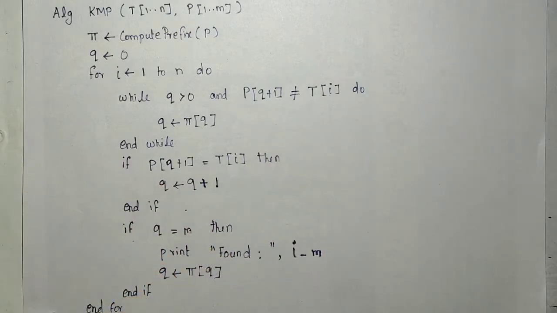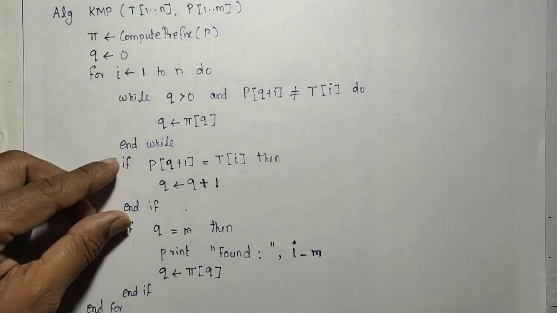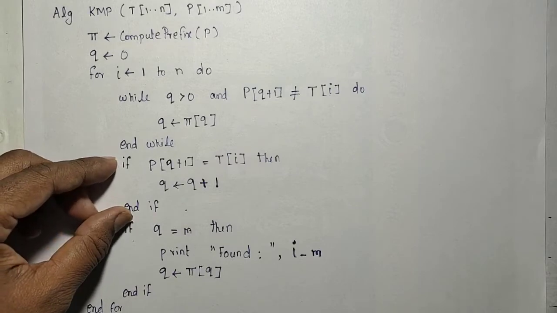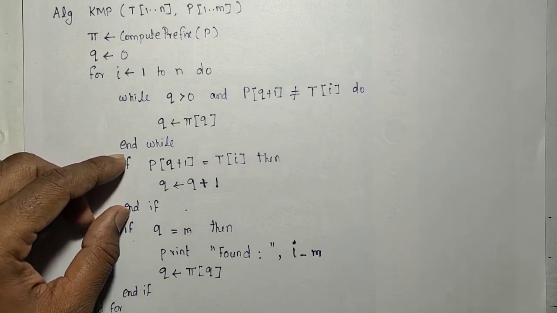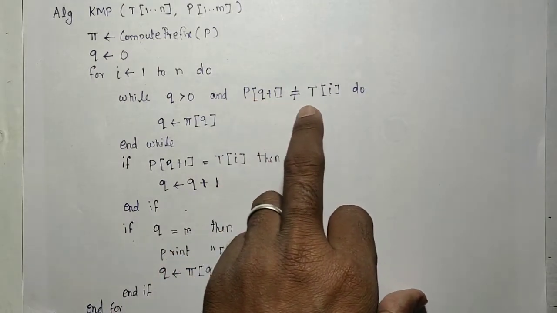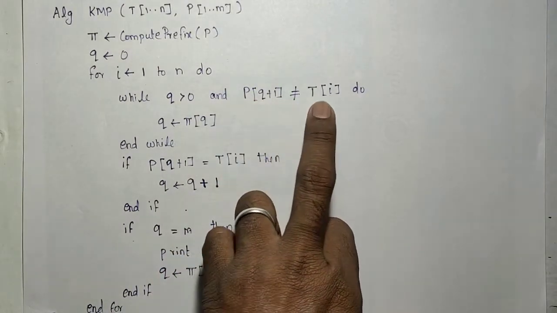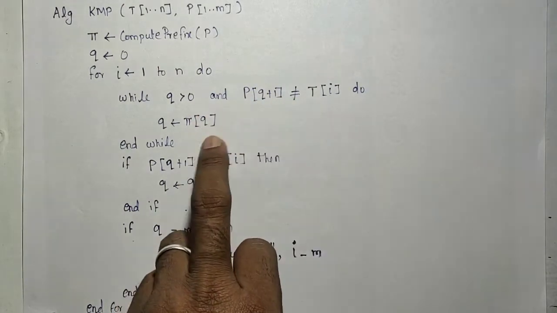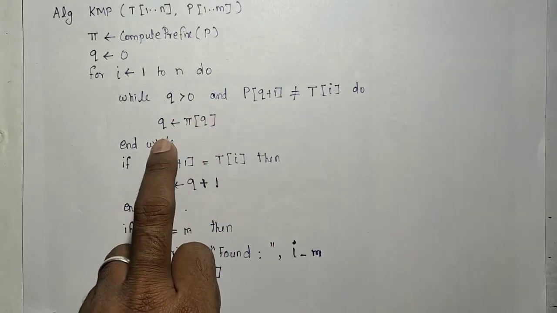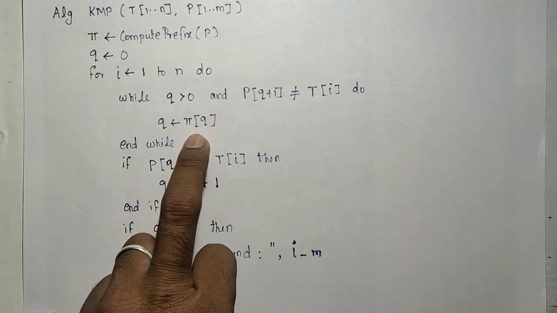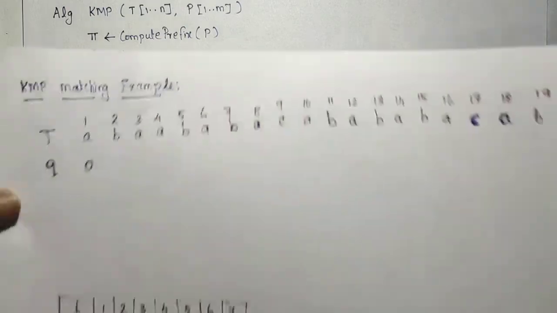One more character matches, so we modify q here. Otherwise, if the q plus first character does not match, we change q to pi of q.